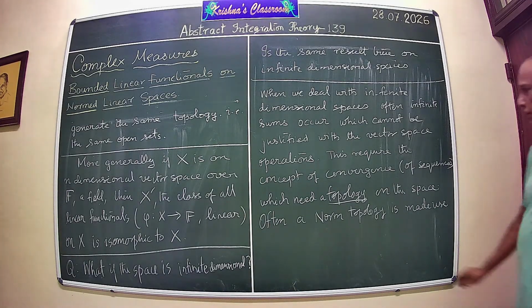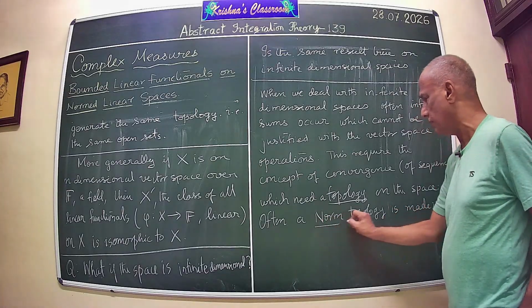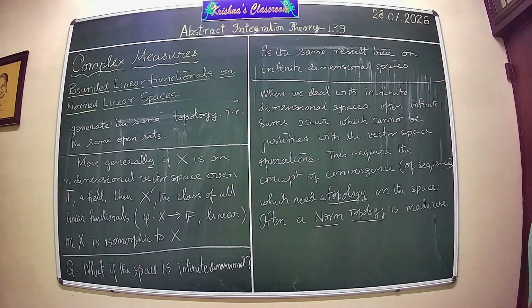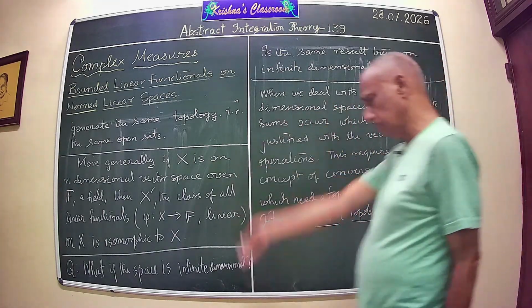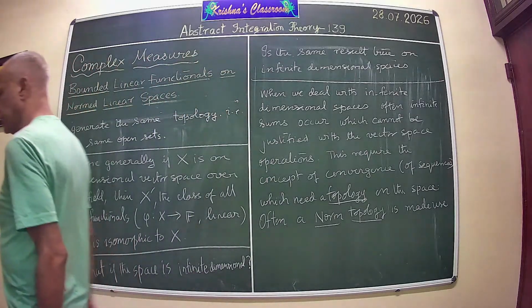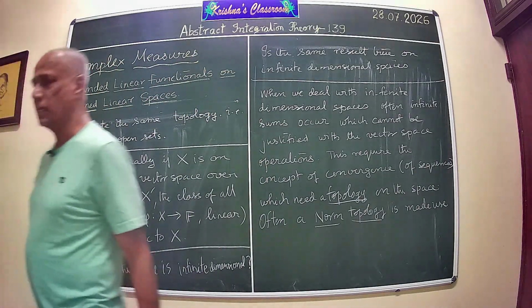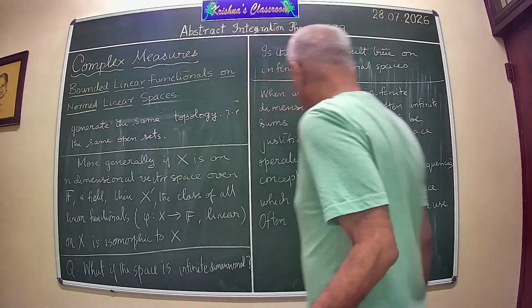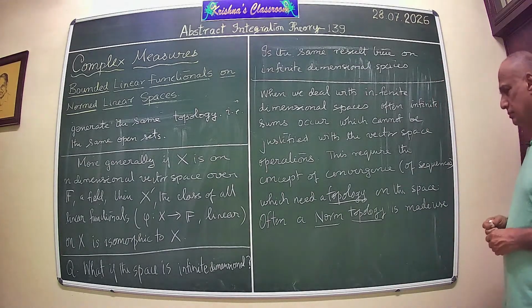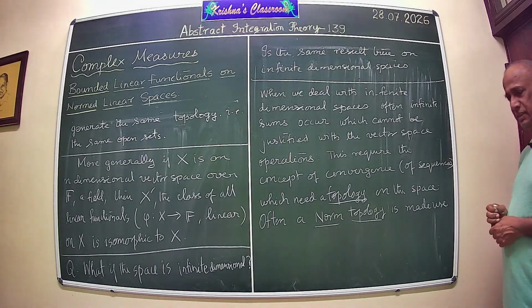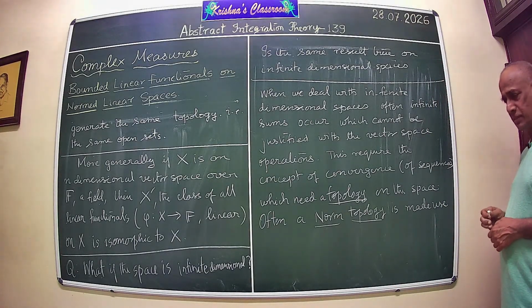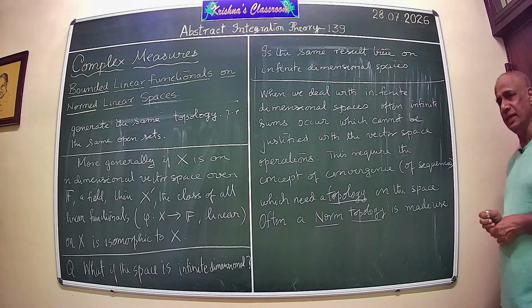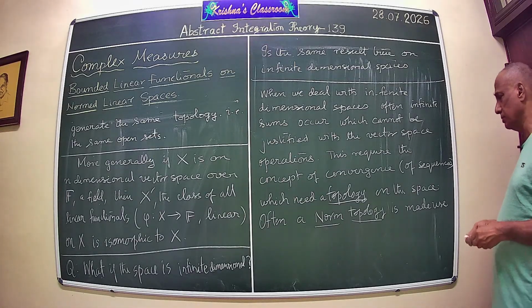But a norm topology is quite often used where you can generalize whatever we had been doing in Rn. Okay. And the path that you have to take is then fairly clear.